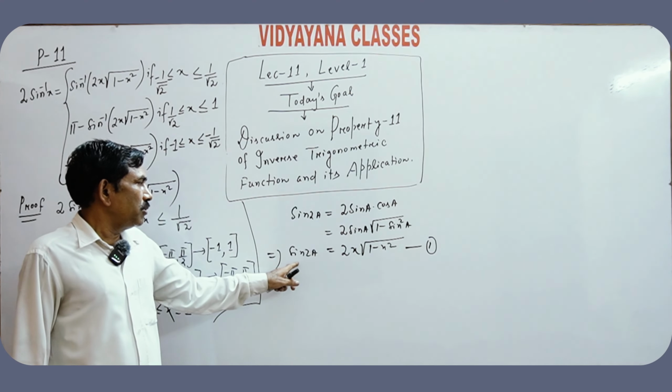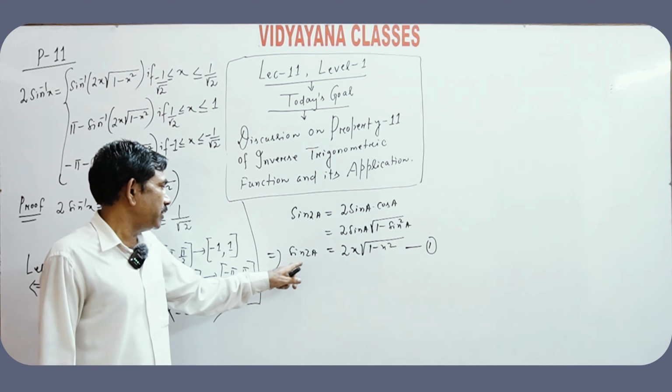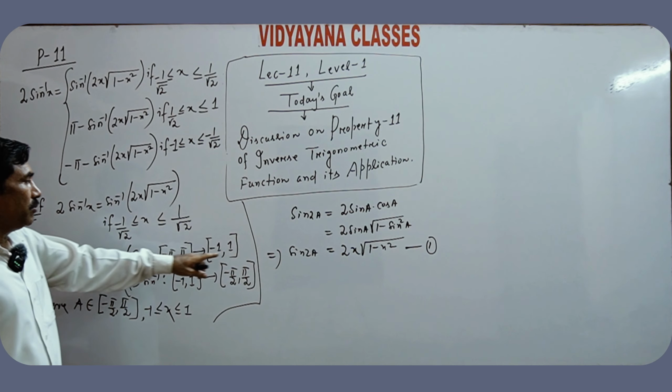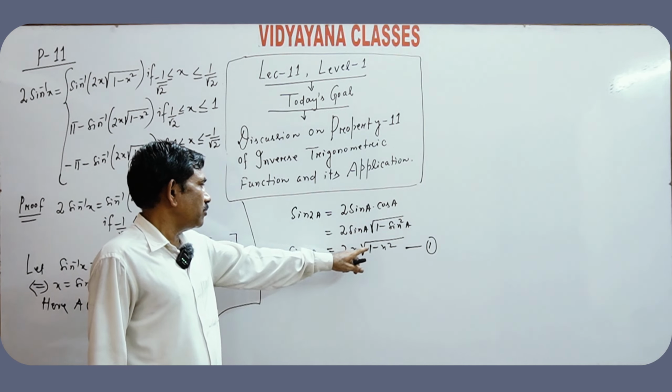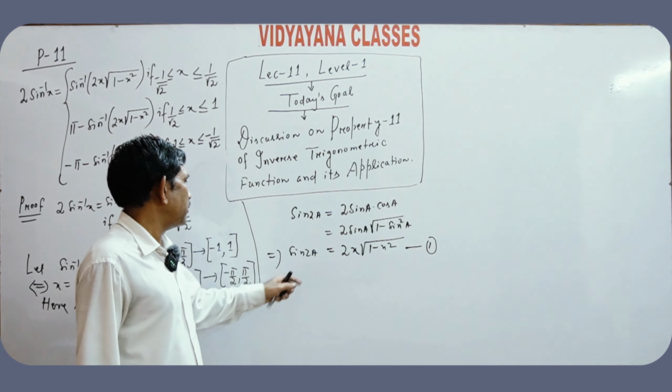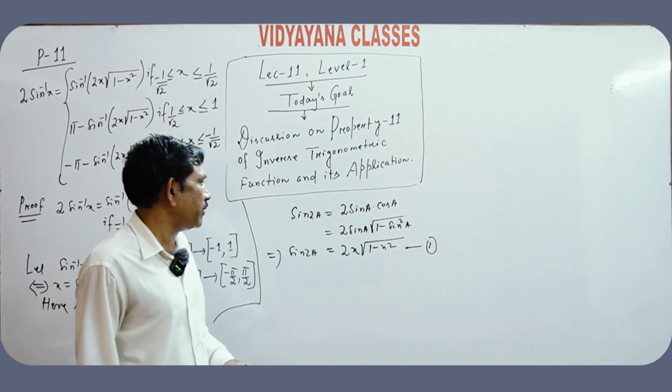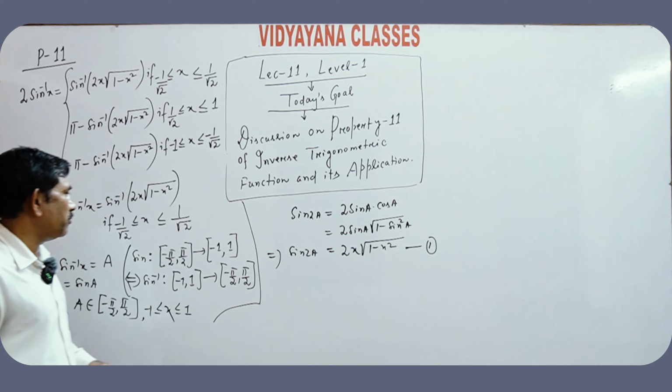This function is invertible or not. If it is invertible, then it is true. Sin 2a is equal to 2x into root of 1 minus x square. 2a is equal to sin inverse 2x into root of 1 minus x square, is this true or false?